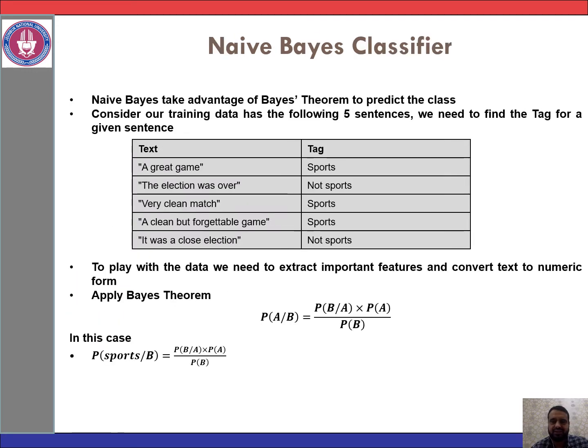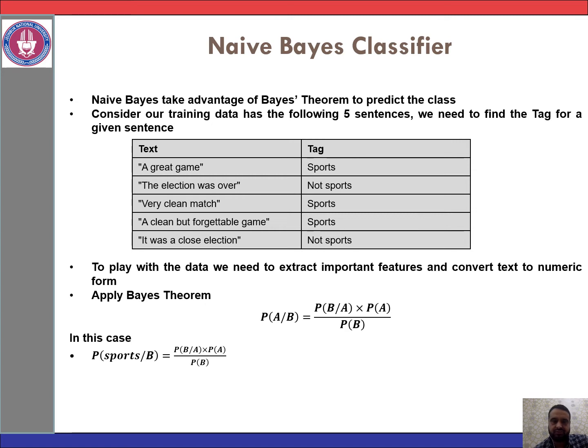Okay, so now let's start with the naive Bayes classifier. Naive Bayes classifier is basically taking the advantage of the Bayes theorem that we discussed in the previous slides. So to further elaborate the naive Bayes classifier, let's take an example and see how it works.